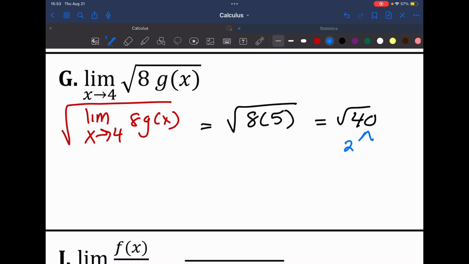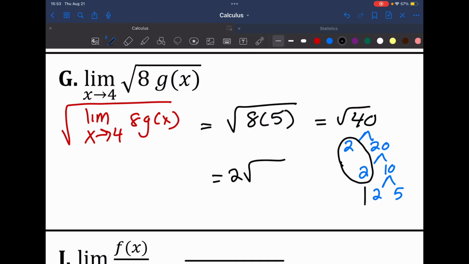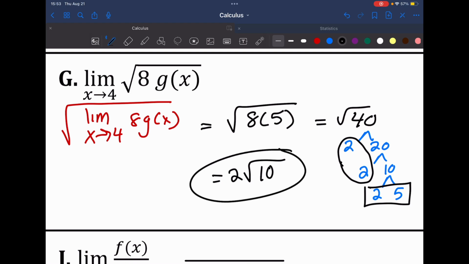So 2 goes into 40 20 times, 2 goes into 20 10 times, 2 goes into 10 5 times, and I stop because 5 is a prime number. I circle my pairs of 2s. These are going to come out to the outside, and whatever I have left over out of my prime numbers, I multiply them. So 2 times 5 is 10, and so my answer is 2 square roots of 10.